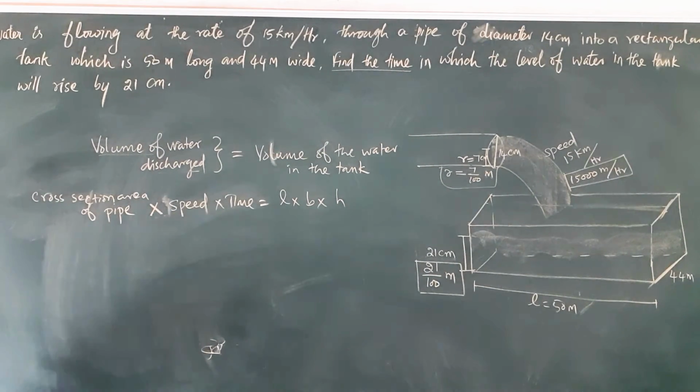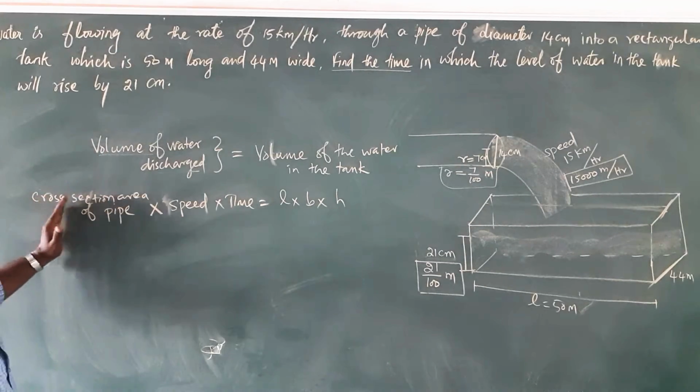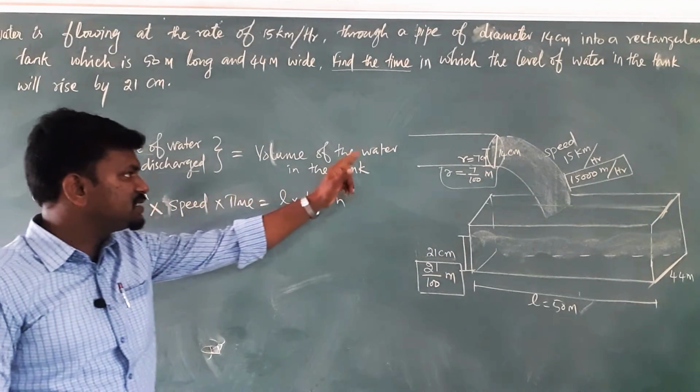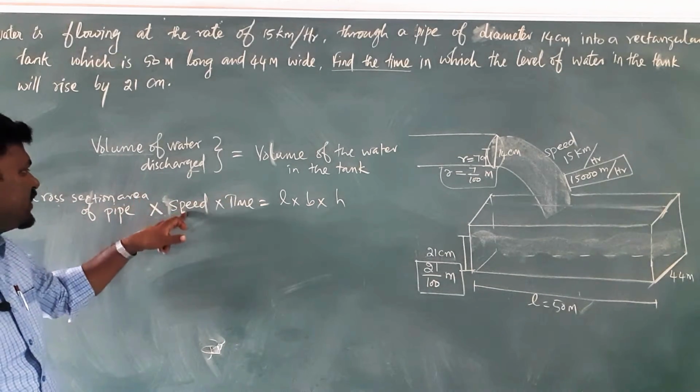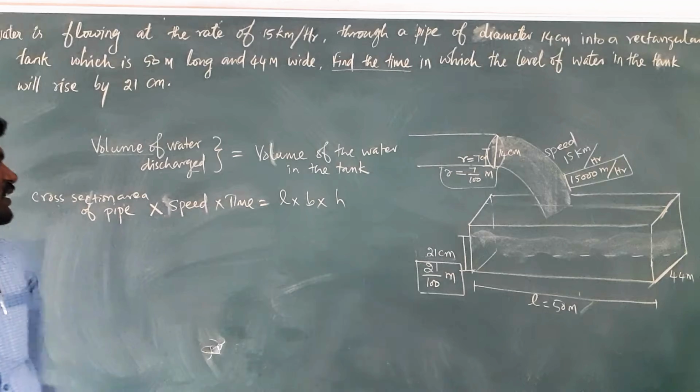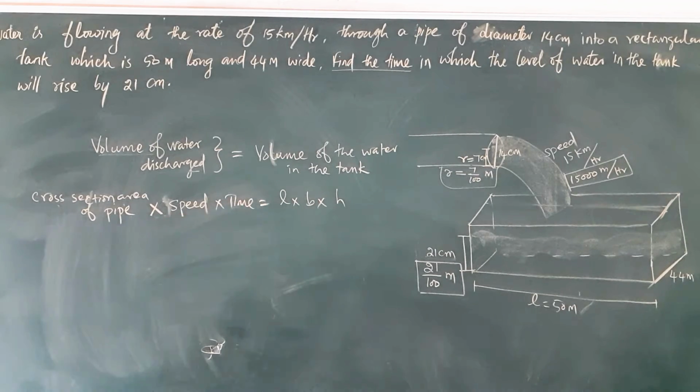So this is the formula to calculate the volume of water discharged through a cylindrical pipe. So cross section area of the pipe, then the speed of the water, then how long it's flowing, the time.